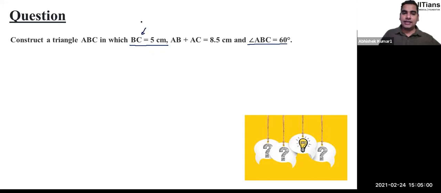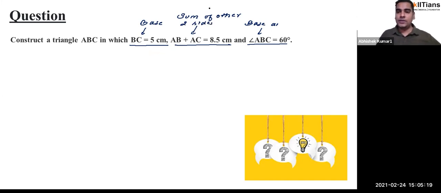So this is going to act as the base, and that value is going to act as the base angle. And here you are provided the sum of the other two sides. Understood? So we are provided all the information that we need to draw this particular figure.